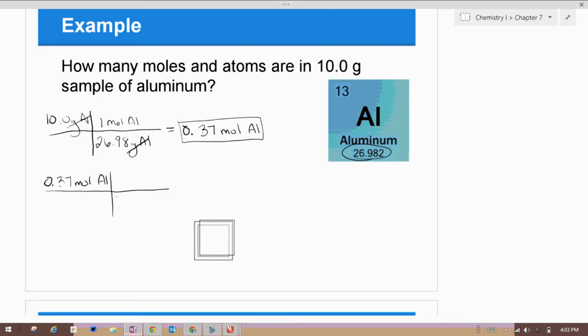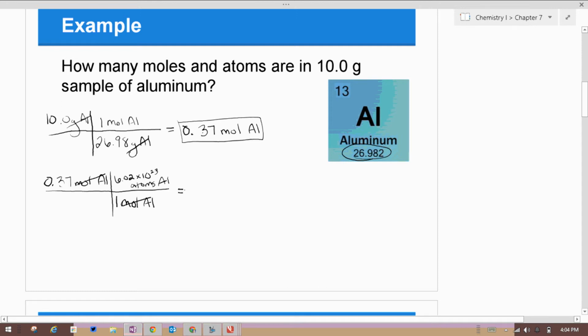Hopefully you chose bottom because it was on the top from before. So 1 mole of aluminum is equal to 6.02 times 10 to the 23rd atoms of aluminum. So moles cancel out moles, leaves us with atoms, which is one of the things that they asked us for.